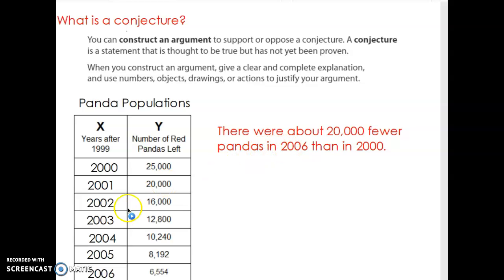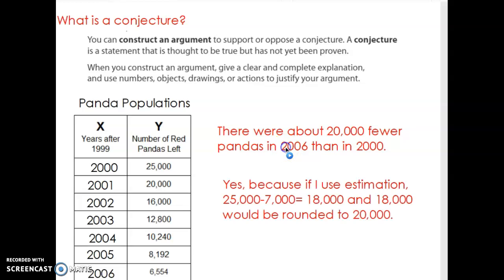So in 2006, we had 6,554 red pandas, and in 2000, there were 25,000 pandas. And this conjecture says there are about 20,000 fewer. So based on that, we can say yes, that conjecture is true.